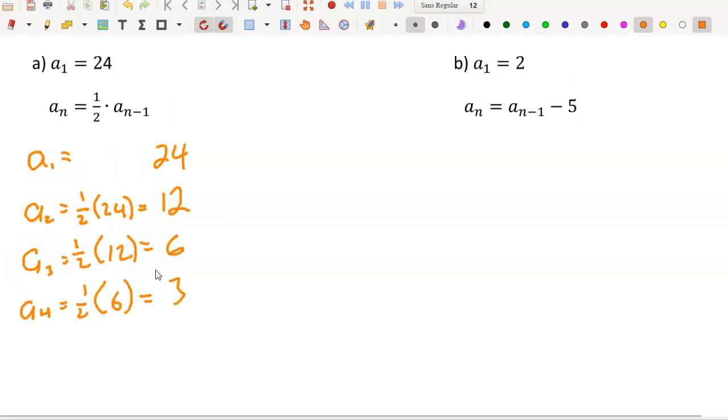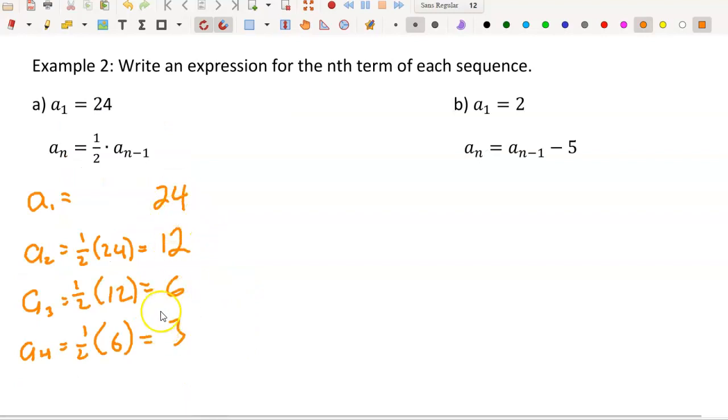See the pattern, of course. And then if you have the numbers written down, could you use that to figure out the standard formula? So what do you do to go from 24 to 12, 12 to 6, and right? We're just multiplying by a half each time.